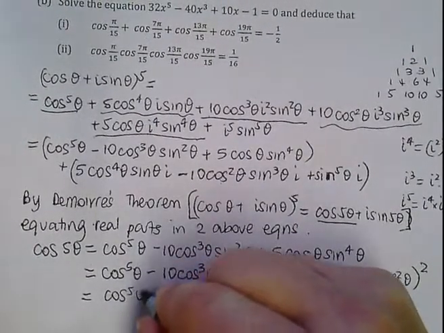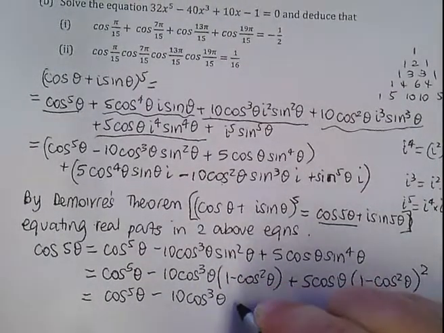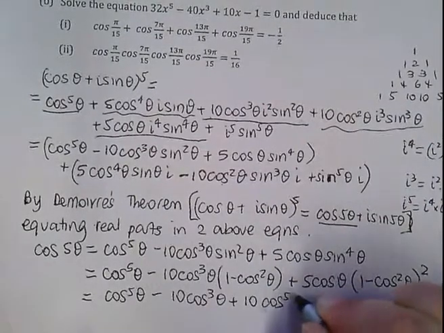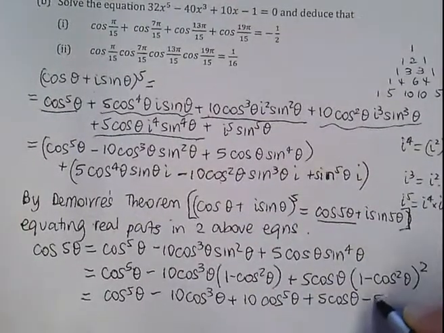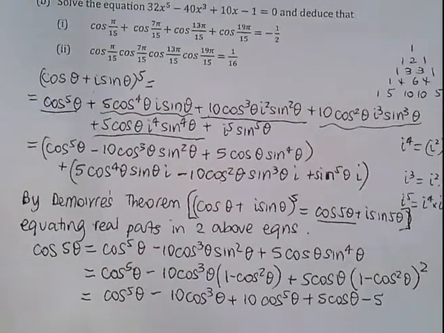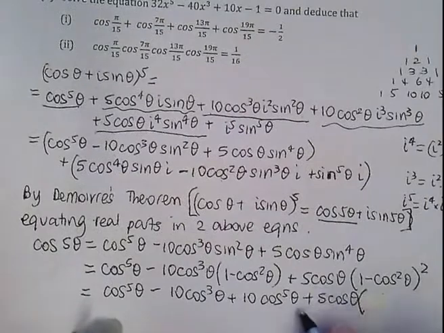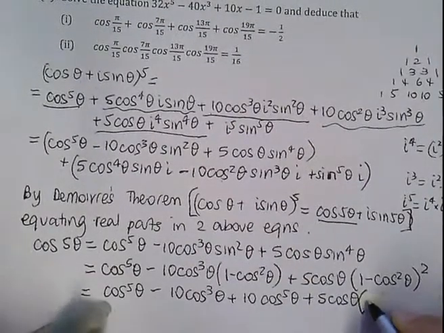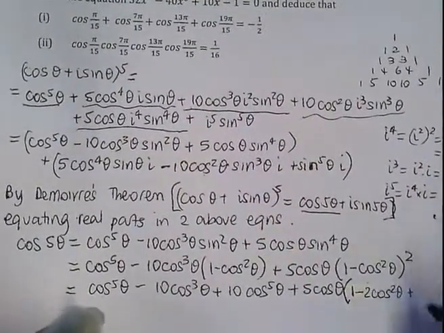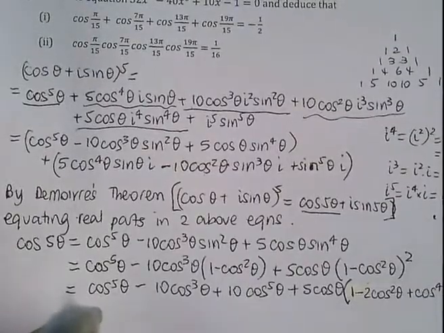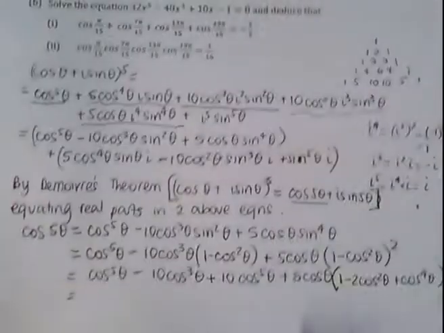Which is cos to the power of 5 theta minus 10, expanding now, cos cubed theta plus 10 cos to the power of 5 theta, expanding this, plus 5 cos theta times the expansion of this. Now we need to expand this perfect square, 1 minus 2 cos squared theta plus cos to the power of 4 theta, which is just expanding again.